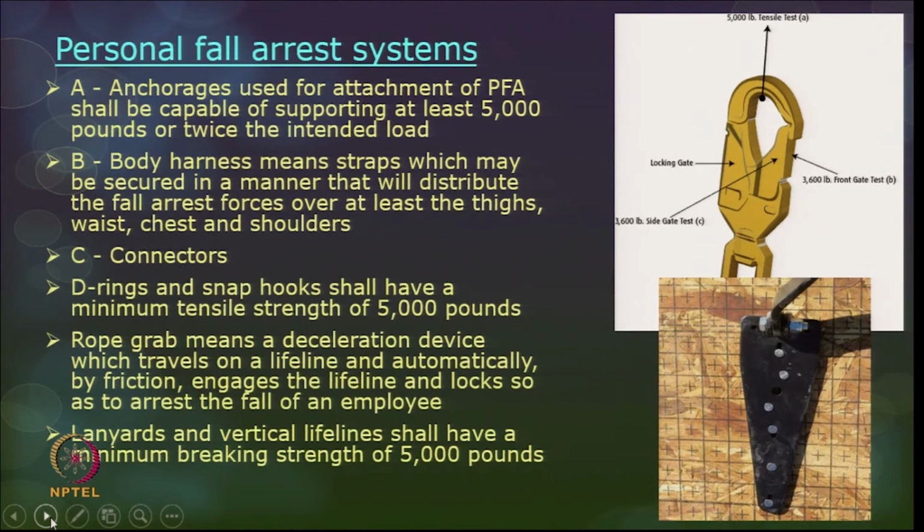ABC, soft fall protection, is generally what people say is primarily your PFAS. So, A stands for anchorages. Anchorages are the permanent support from where your fall protection devices are hanging. And these anchorages used for PFAS should be capable of supporting at least 5,000 pounds or twice the intended load.